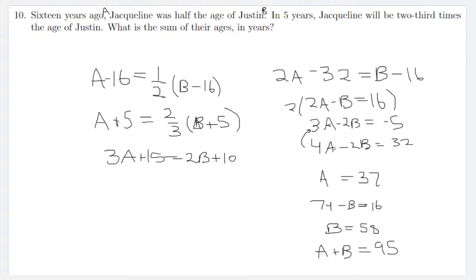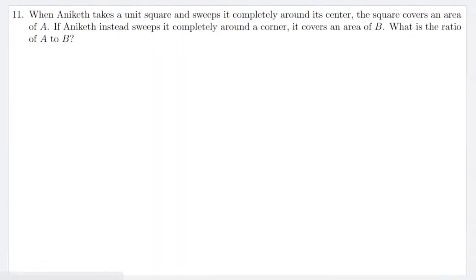Okay, moving on to number 11. So in this problem, we have two different scenarios where a square is being rotated. And so the first thing to note is whenever something rotates, so for example, we have our unit square. Whenever something rotates in a complete circle, only the outermost edges will end up actually sweeping stuff.